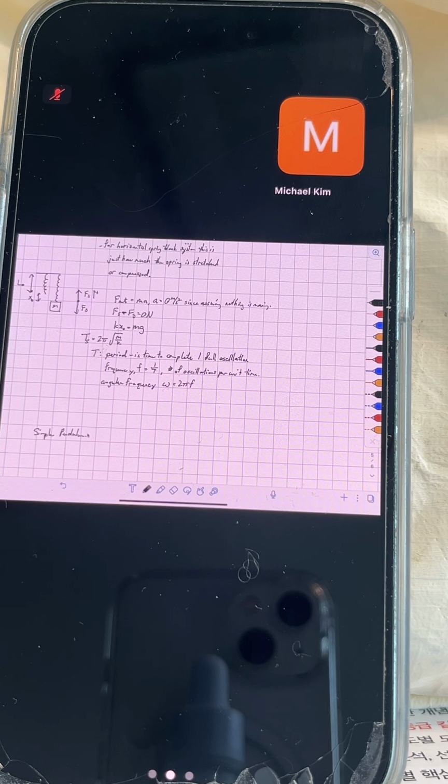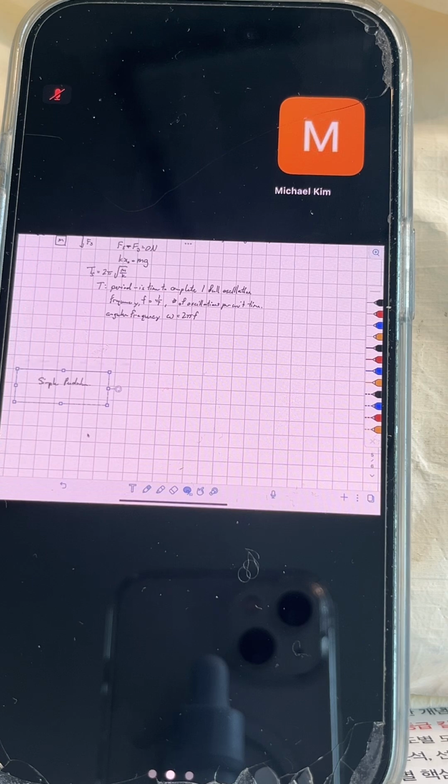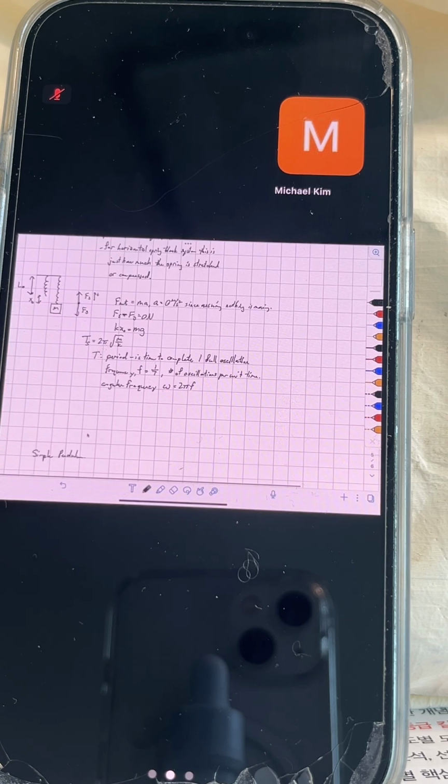So we talked about the period, and we said that the other things that are interesting are the amplitude, and this is just the maximum displacement from equilibrium. And so we said that simple harmonic motion was basically sinusoidal.